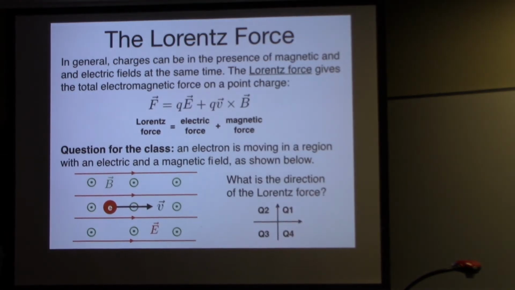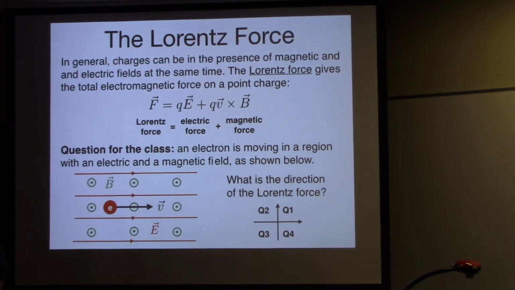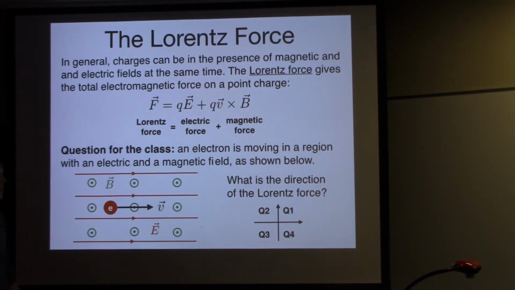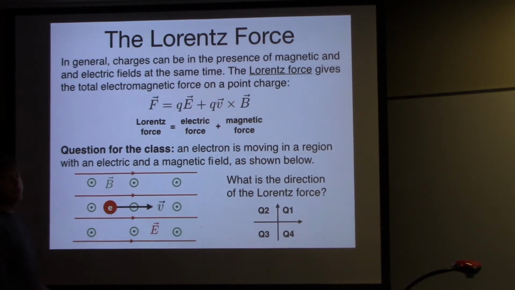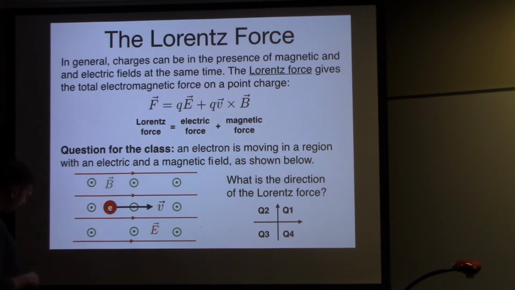So this part of the force, the electric force, is going to the left against the E field lines. If I want to know the direction of the magnetic force, that's going to be given by the right-hand rule, essentially. So let's think about it. QV cross B. My V, the velocity, is going straight to the right, and my magnetic field is coming out of the page.